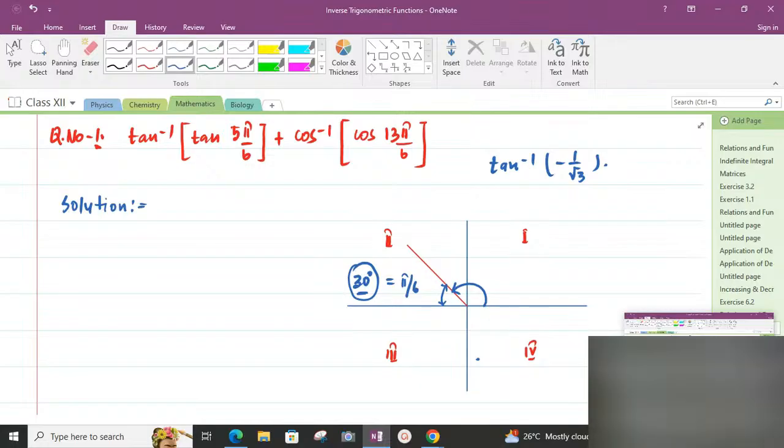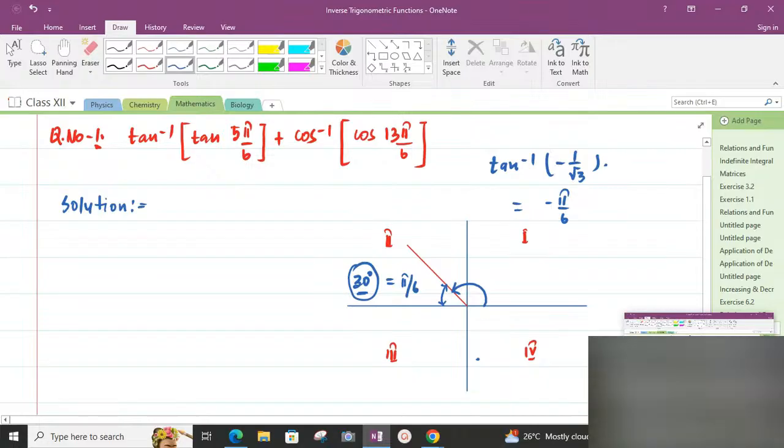So the value of tan inverse tan 5 pi by 6 will be minus pi by 6. This working makes it clear that tan inverse tan 5 pi by 6 equals minus pi by 6.